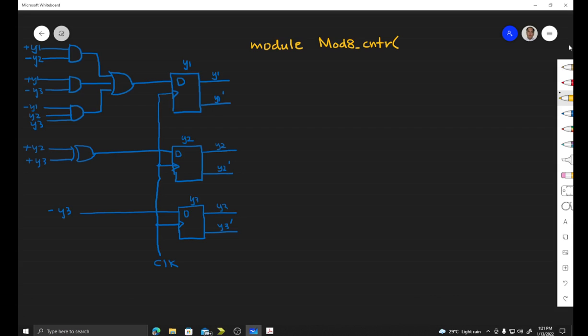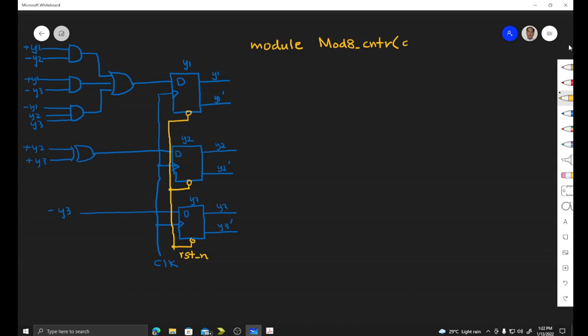So let us put some other inputs such as a reset. If your component or the flip-flop has a reset, let's put here a reset input.